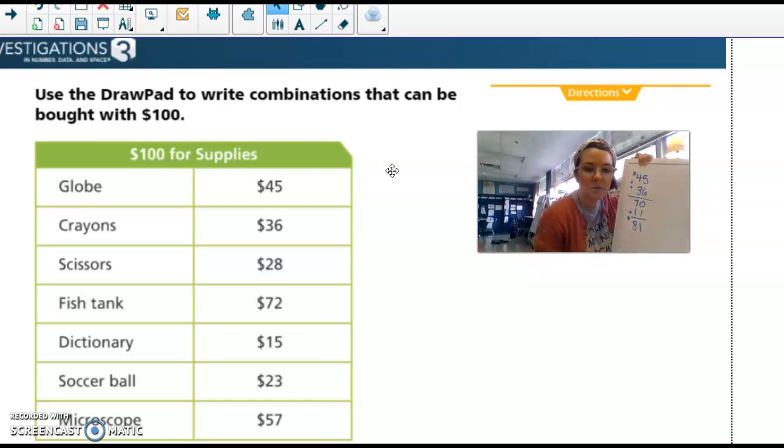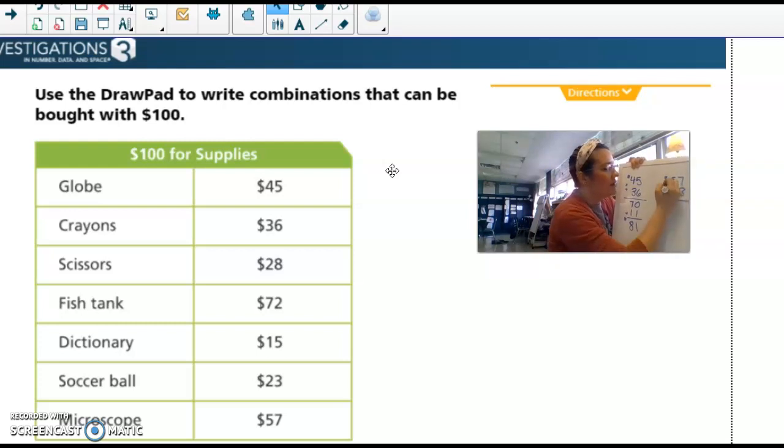Okay, so what other combinations have you come up with for 2 items that would not go over $100? Well, if he's going to give me money, I want to be able to spend it, right? So I know I could buy the microscope for $57. And I could buy scissors for $28.